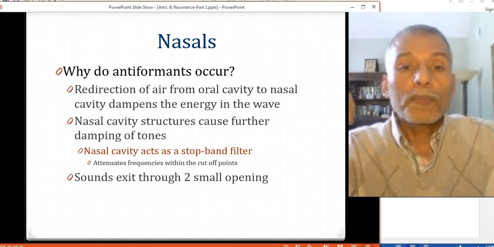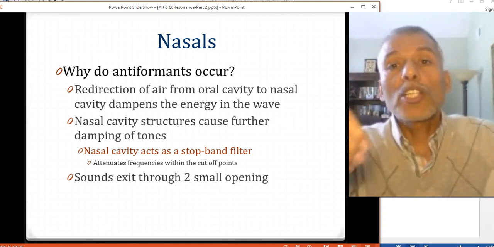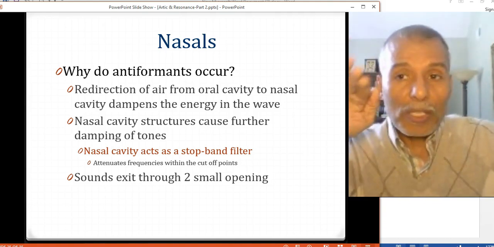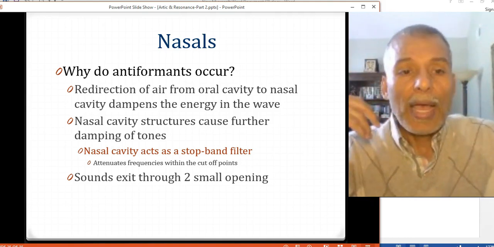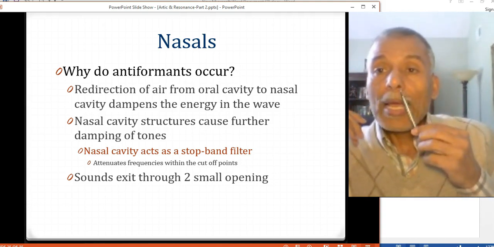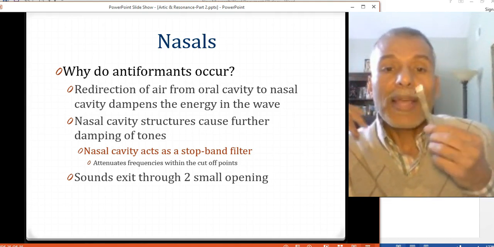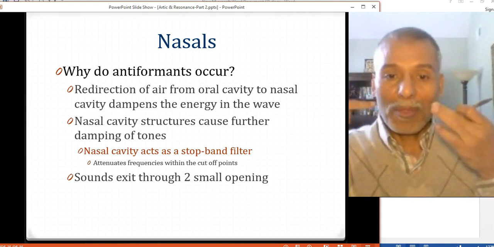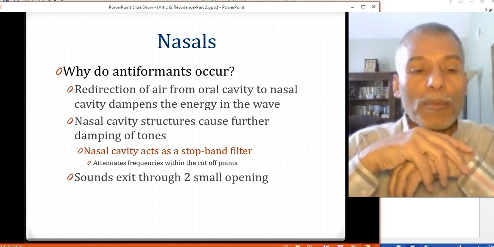And also, the nasal cavity itself acts as a stop band filter, weakening the signal. Again, because of the structure, the nasal concha, and the mucus. And then, lastly, because the air exits through two narrow passages, which are the nares, that is going to weaken the energy further, as opposed to the mouth. The mouth is bigger. So these are three reasons why nasal antiformants occur.